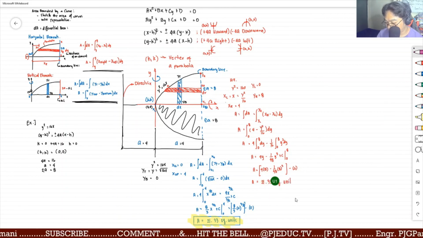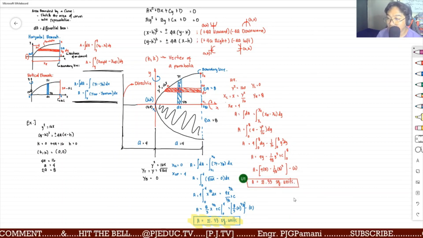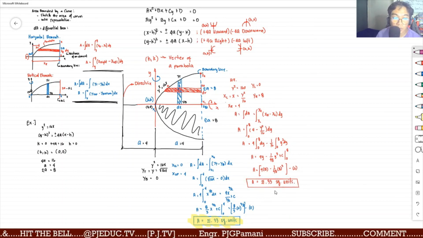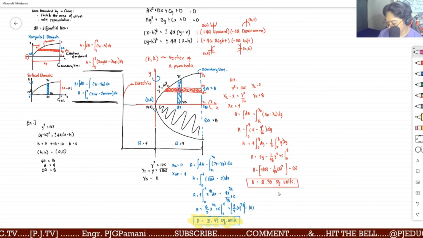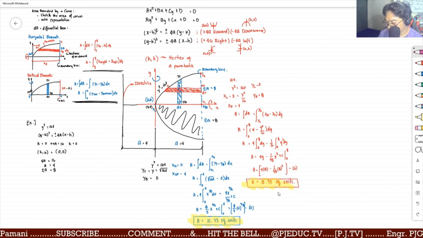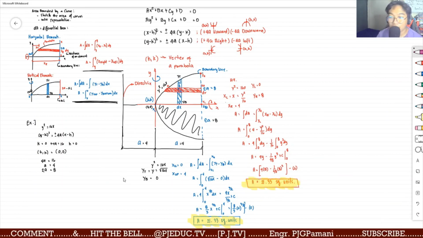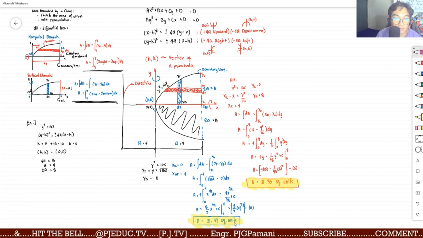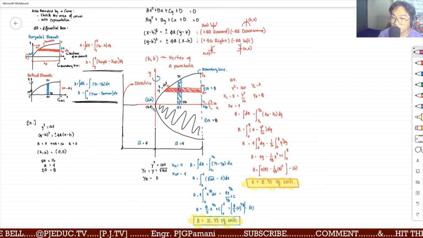Remember that area ang pinag-uusapan. So wag kakalimutan yung 21.33 square units. Square units. Area ang pinag-uusapan ha. So wag kakalimutan yan. So with that said, try to solve this next problem.